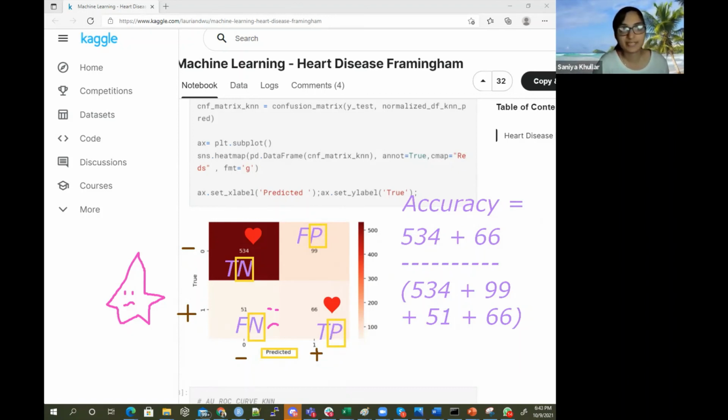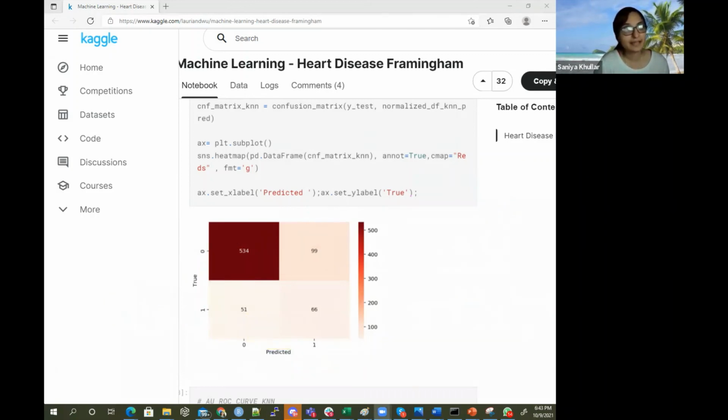And these are the mistakes, the false positives and false negatives. And then the accuracy is basically the number of correct results, which is true negatives and true positives, divided by all the outcomes. So that's how you find that.